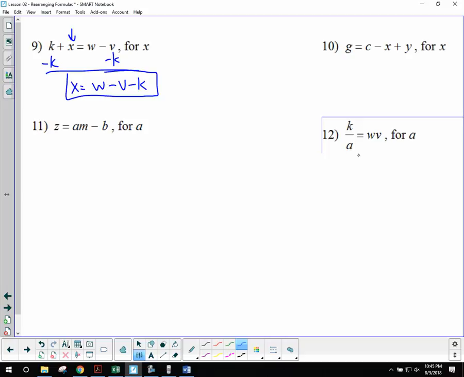It looks complicated, but it's not. We're solving for A. Get the A out of the denominator, so multiply everything by A. Those A's cancel. W, V, A. All of these are being multiplied. We want A by itself, so let's divide by the WV. They cancel. A is by itself, and you just bring down the KWV. I'm telling you, just working with the letters is 10 times easier than numbers.